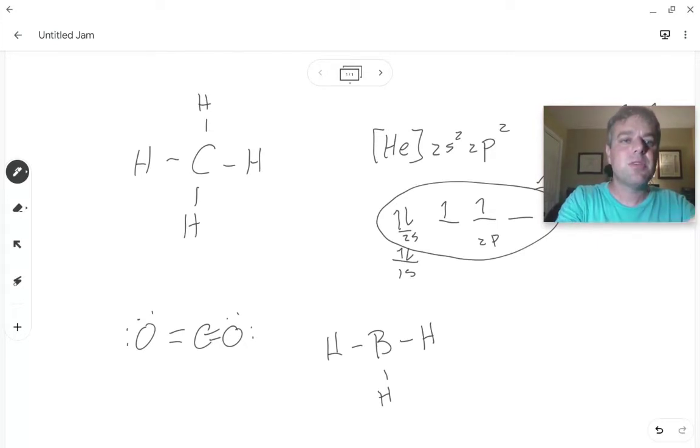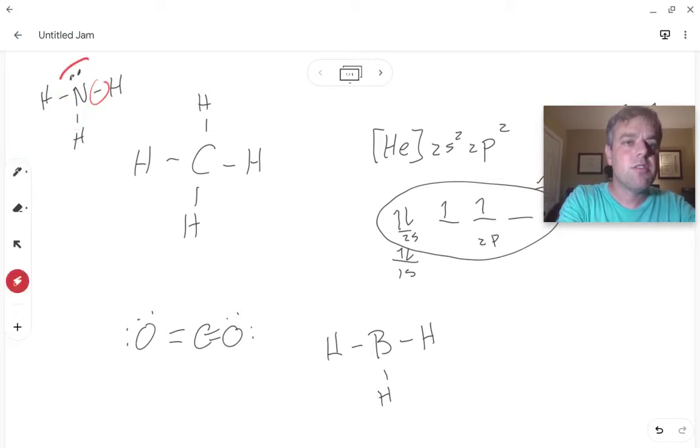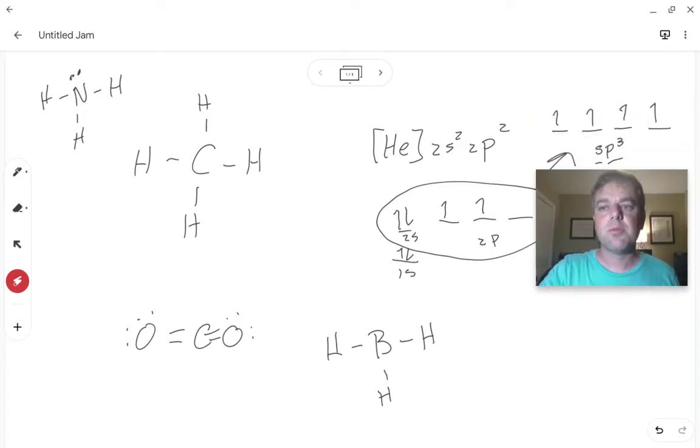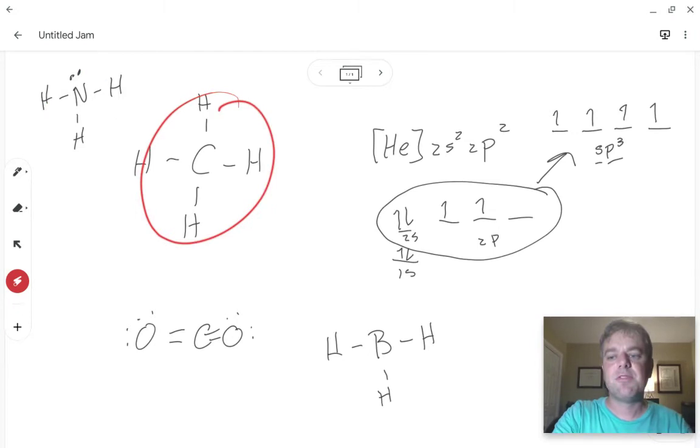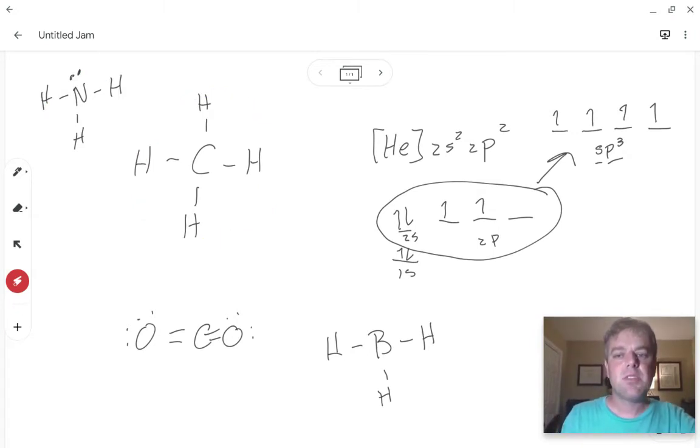CH4 is sp3 hybridized, as is the NH3 molecule, because it's got 1, 2, 3, 4 effective pairs on the NH3 molecule. So both NH3 and CH4 are sp3 hybridized.